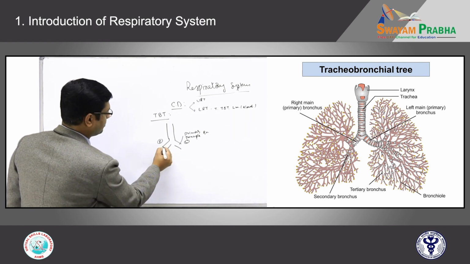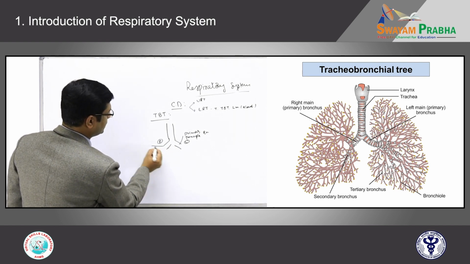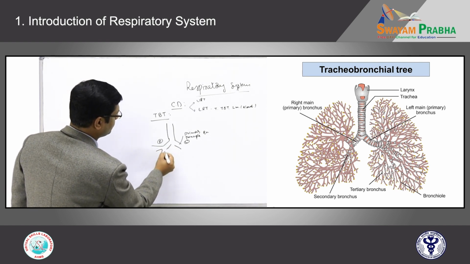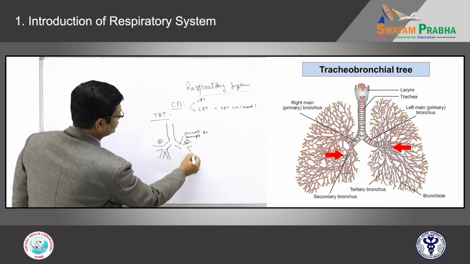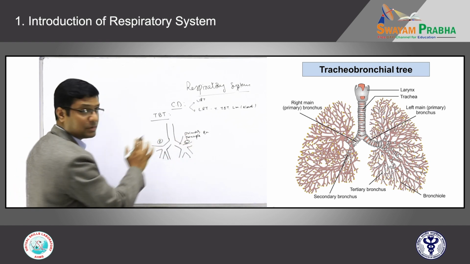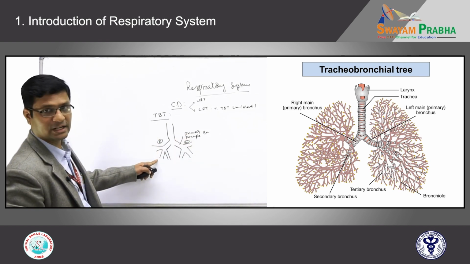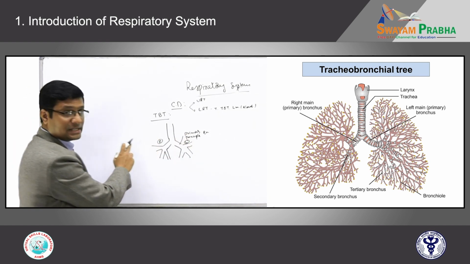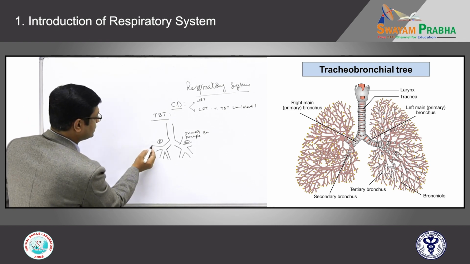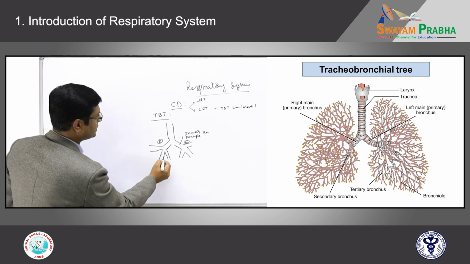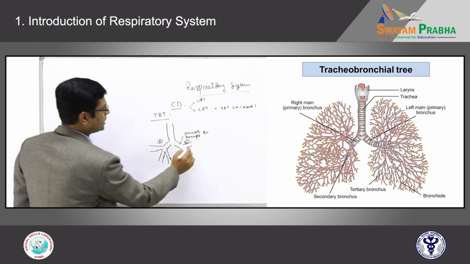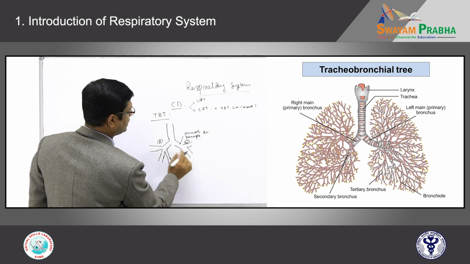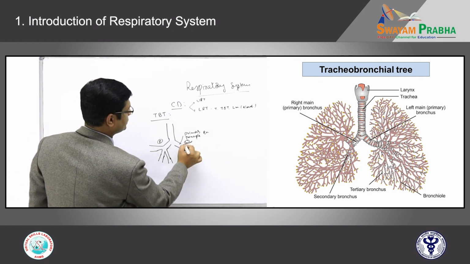These primary bronchi divide into secondary bronchi. Because the right lung has three lobes, there are three secondary branches which enter the right lung. On the left there are mainly two secondary branches.